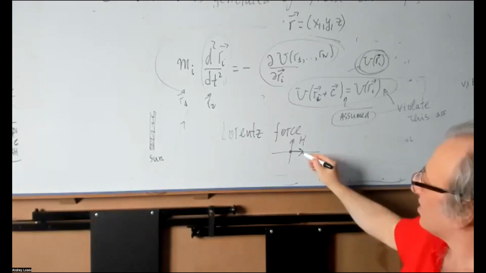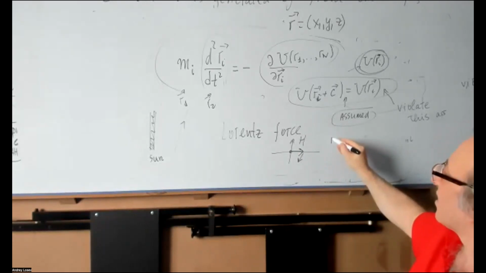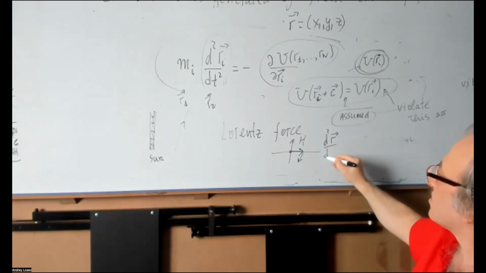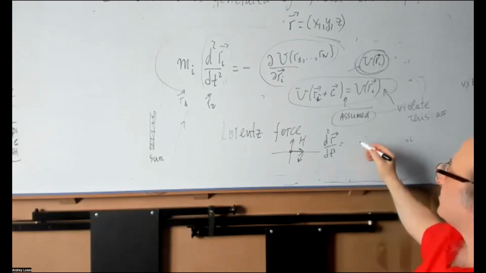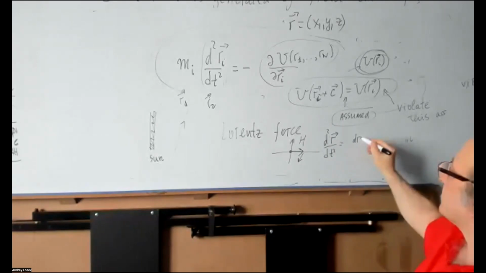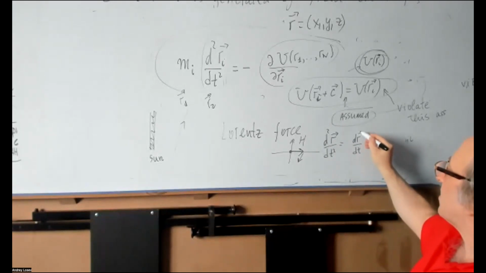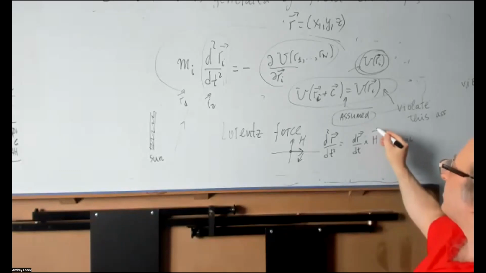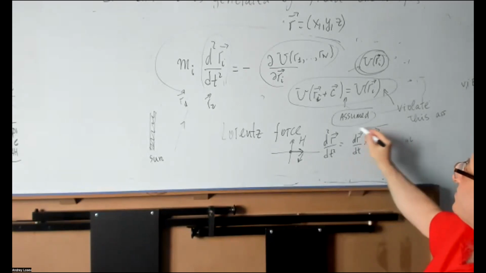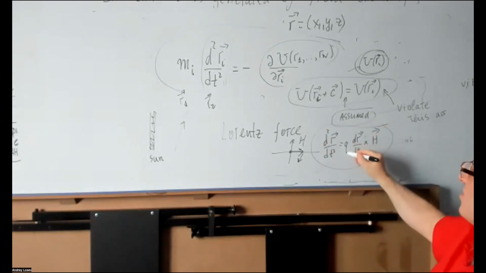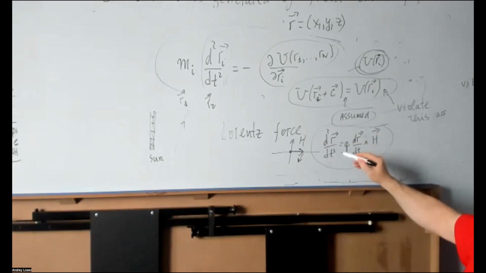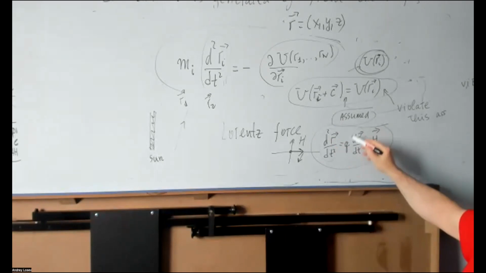And we know that it accelerates proportional to the vector product of velocity and magnetic field, with a charge. So this is called the Lorentz force. And here we see that acceleration depends on velocity.